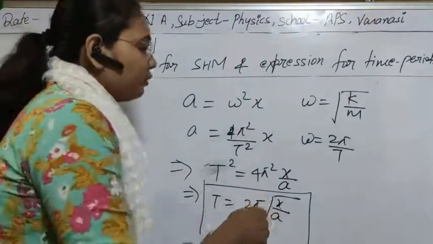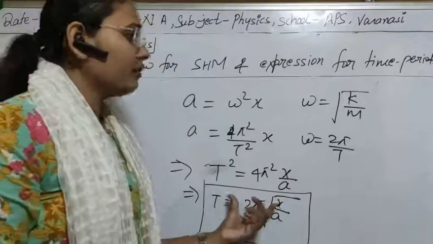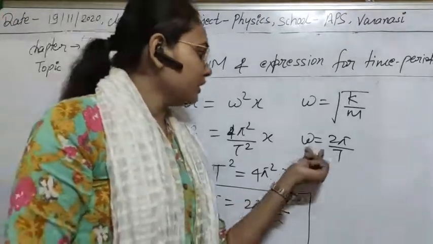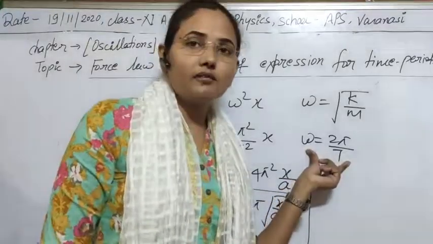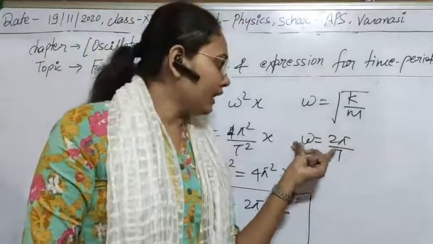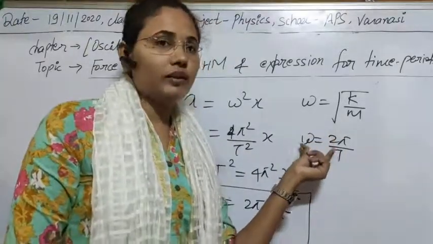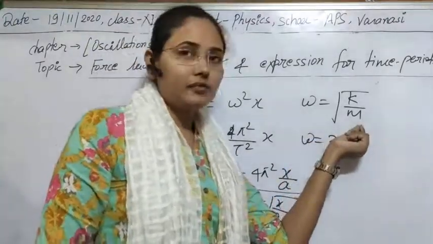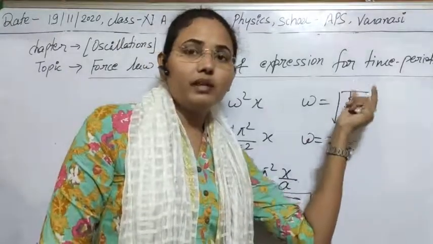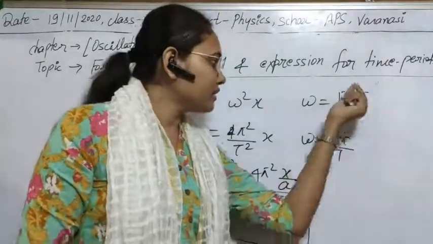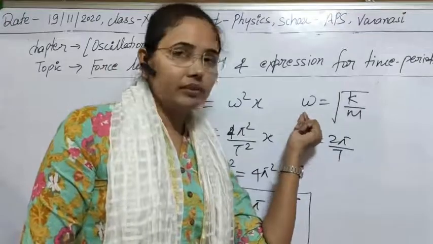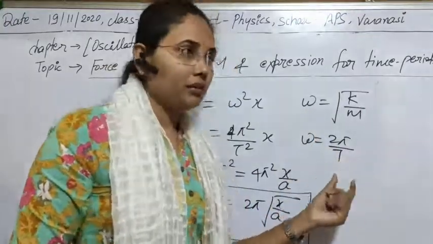And if we don't know these two terms, then how can we calculate it? As you know, this is the relationship for the time period, so with the help of this relation we can also calculate it. As the mass of the particle is fixed and the force constant for the given body is fixed, with these fixed things the frequency will be fixed and obviously the time period will be fixed.